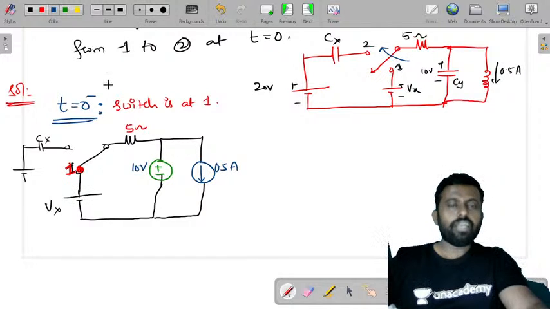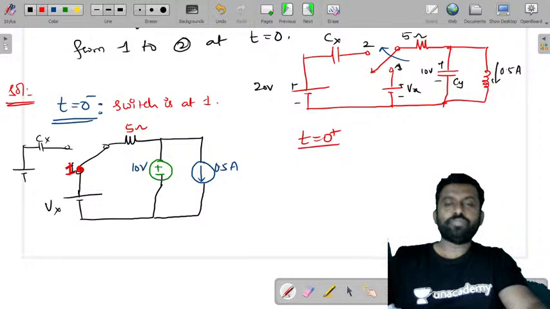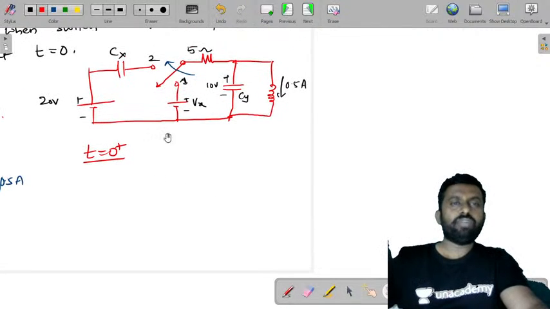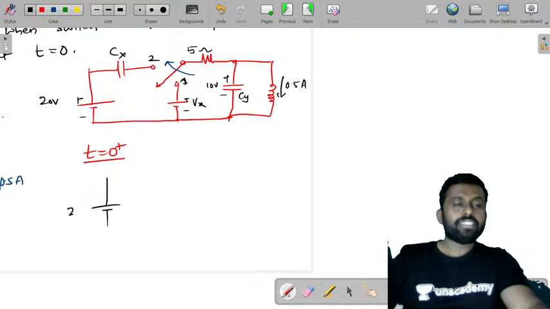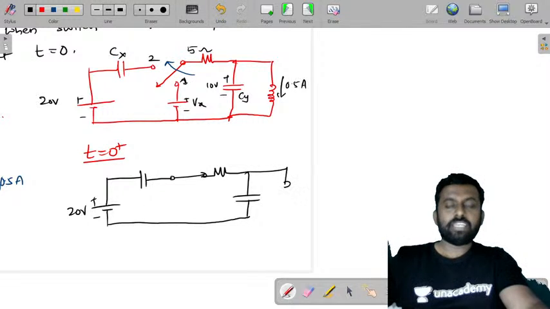Now let us draw at t0 plus. When you take t0 plus, the switch is moved from 1 to 2. Now you have the 20 volt source connected with a capacitor, and it is connected to the resistor along with the other capacitor and an inductor.